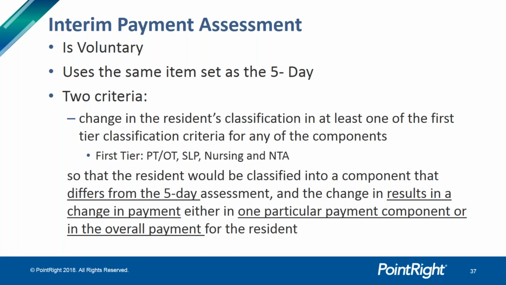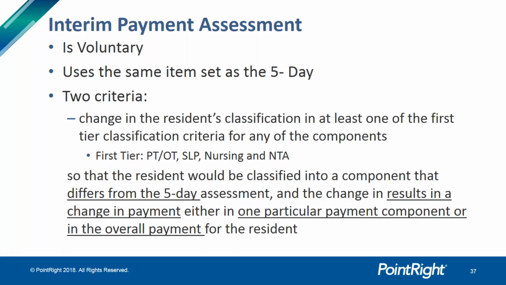The first tier criteria are PT, OT, speech, nursing, and the NTA. So you have to have at least a change in one of those so that the resident will be classified into a different component, so that when we did the addition of everything, you'd see a difference in the component from the 5-day that was already completed, and it would result in a change of payment, whether that was a payment component or the overall payment for the resident.